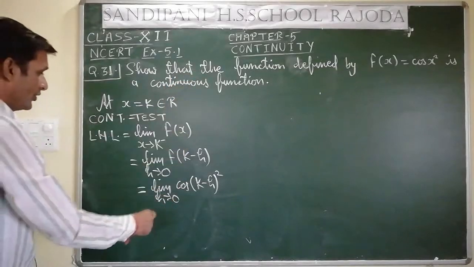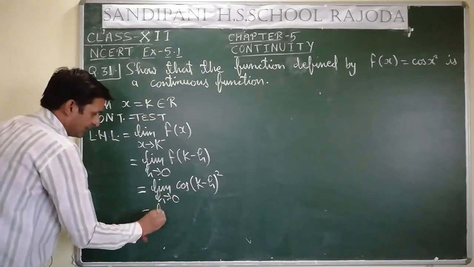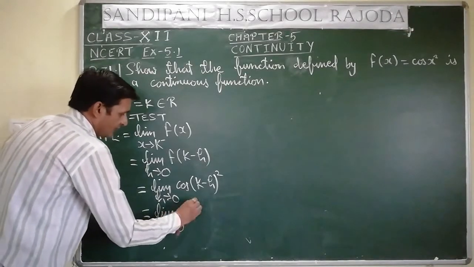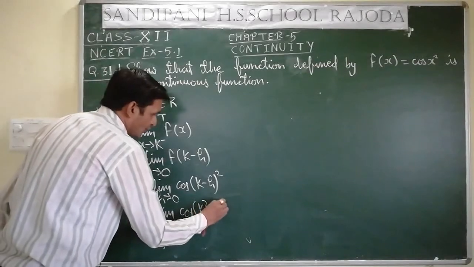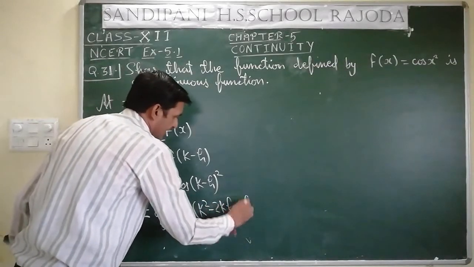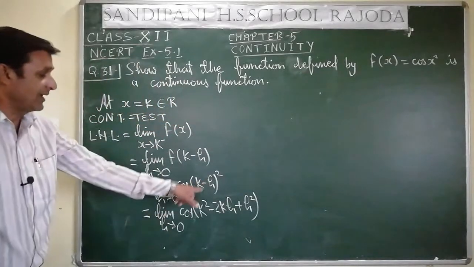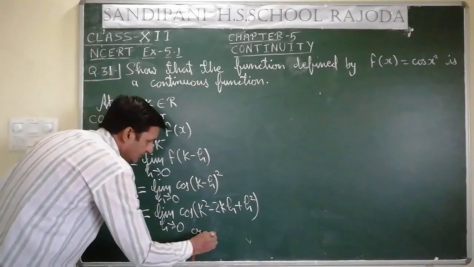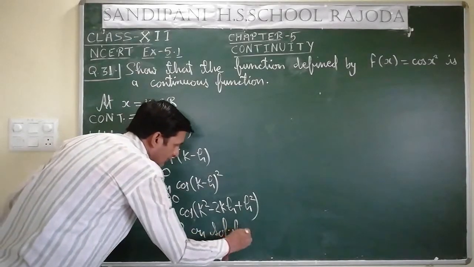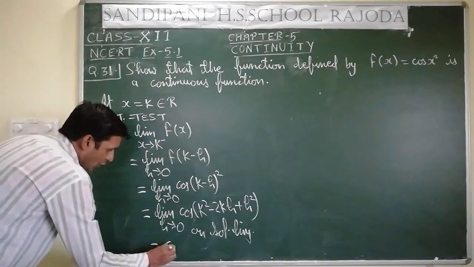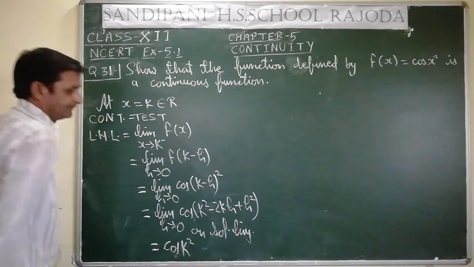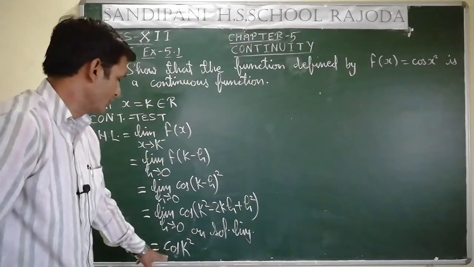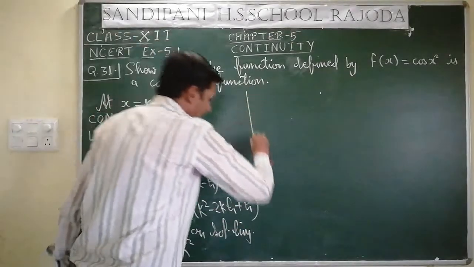What you can do? You can do here limit h tends to 0, cos of k square minus 2kh plus h square, because a minus b whole square formula will be applicable here. So now on solving limit, this will become cos k square. Very clear? Because value of h is 0, so this will become 0 and this will become 0. So it will become cos k square directly.